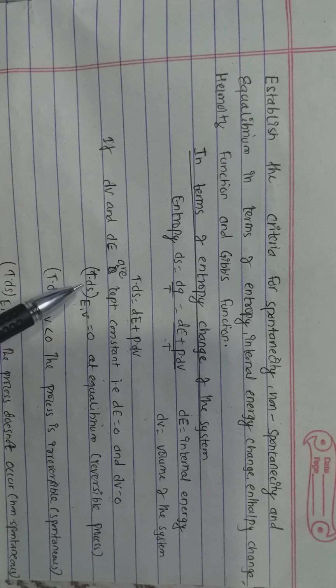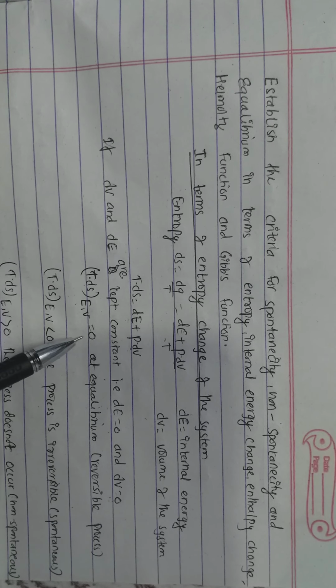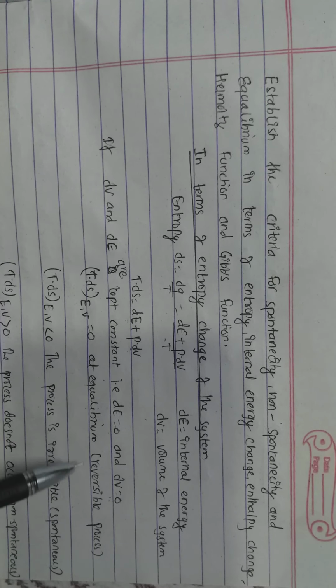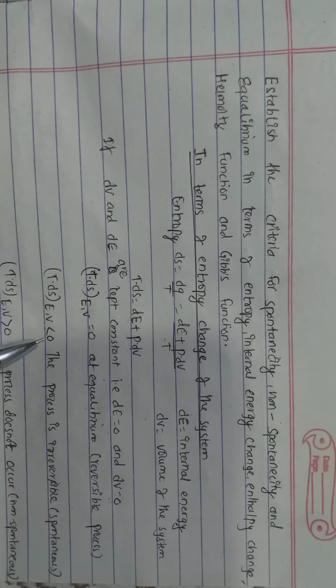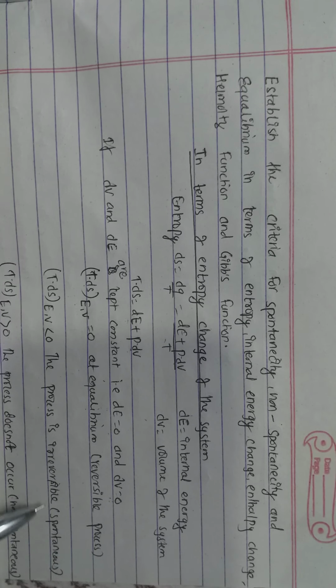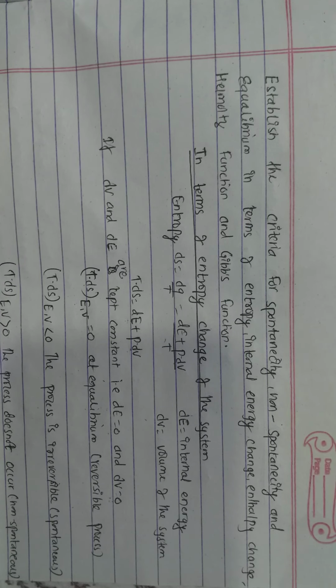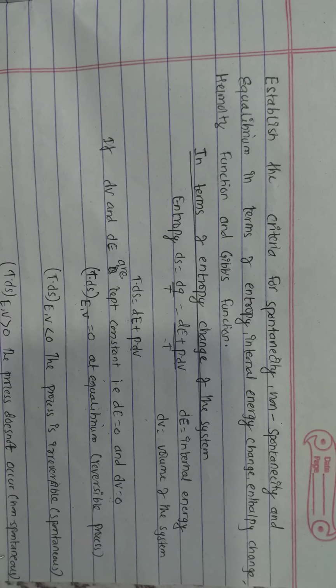If T dS at constant E and V is less than 0, then the process is irreversible. When it is greater than 0, the process does not occur, that is, it is non-spontaneous.